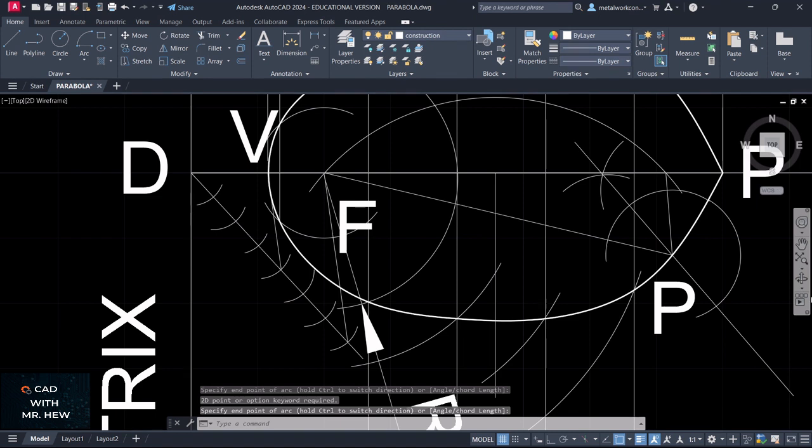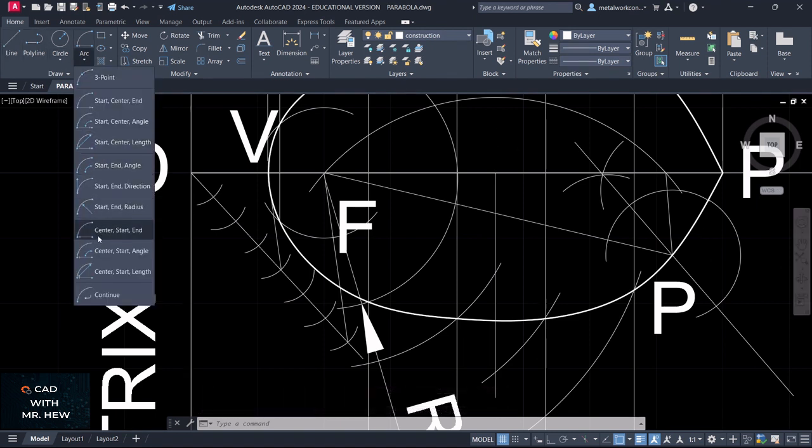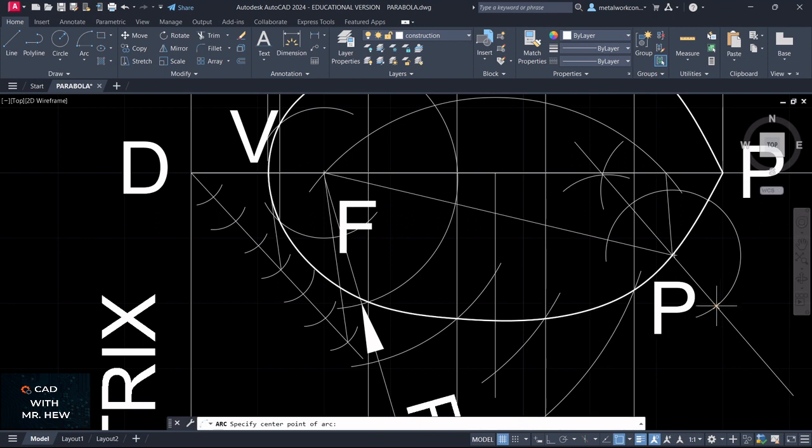All right, so now we're gonna mark another set of arcs from here. The radius will be 10. There it is. We're gonna do the same thing on the other side. So we go center, radius is 10, enter, and there it is.